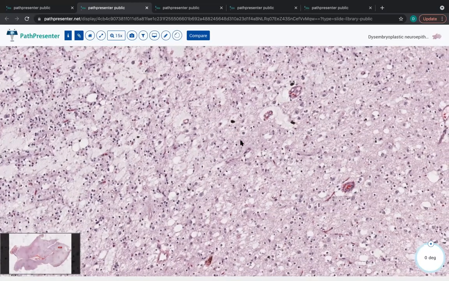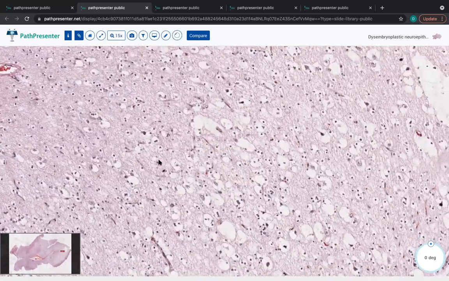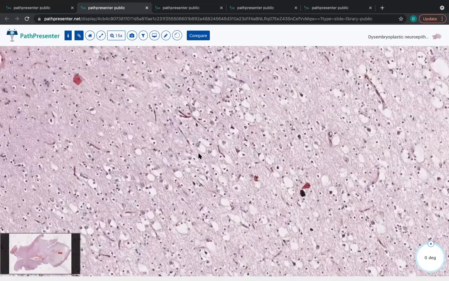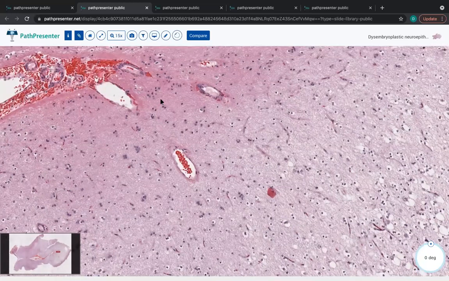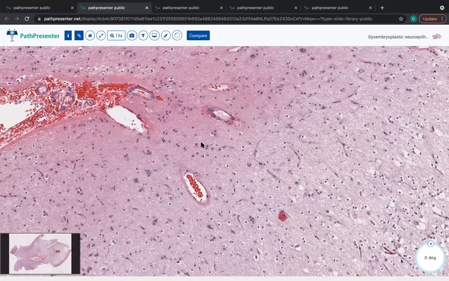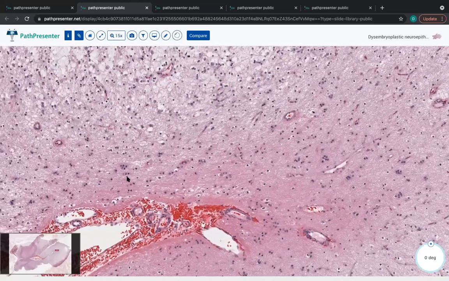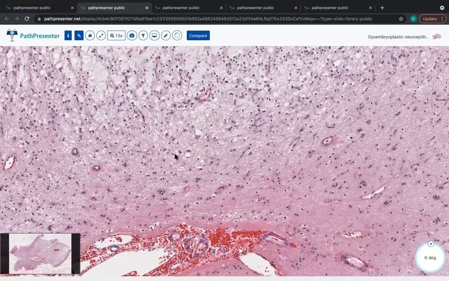We should not. That being said, if one does see that, we'd probably back off the diagnosis. You never say never. Rosenthal fibers can be seen in regions of extreme reactive change, so long-standing space-occupying lesions like an arteriovenous malformation, or maybe a long-standing infarct.